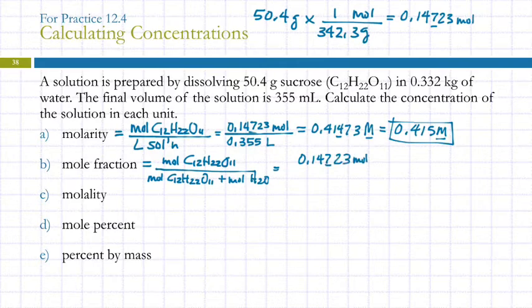0.14723. And so we're going to have 0.14723 moles plus we need the moles of water. Well, 1 mole would be 18 grams. We have the mass in kilograms. So 0.332 kilograms of water is 332 grams of water.